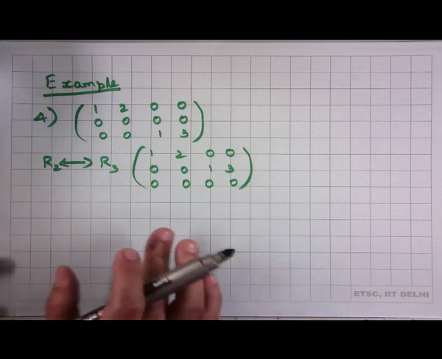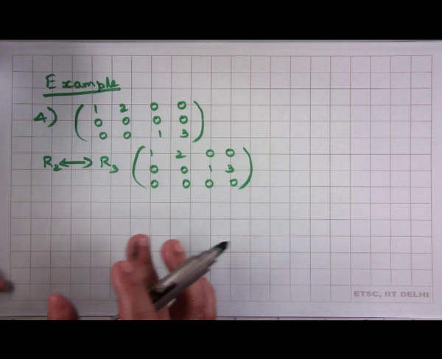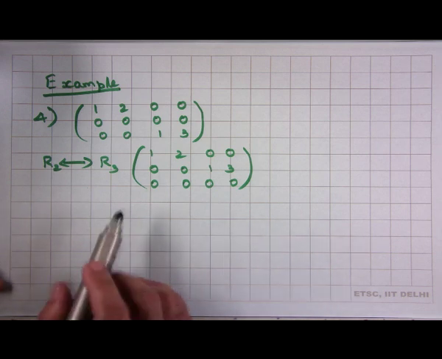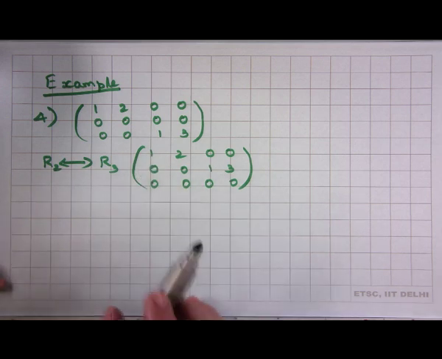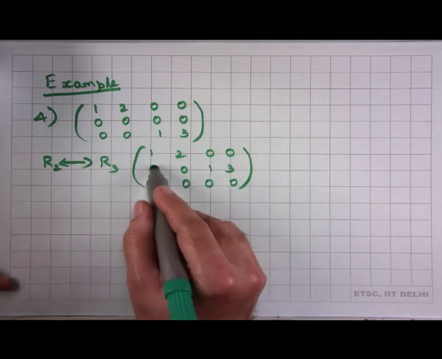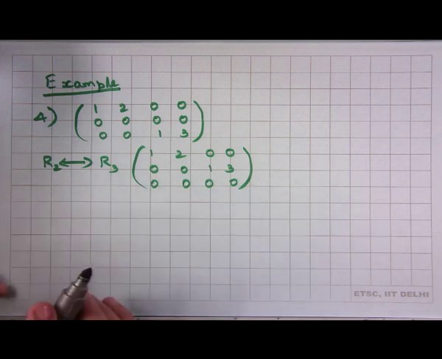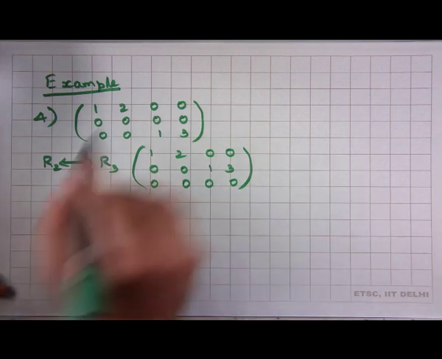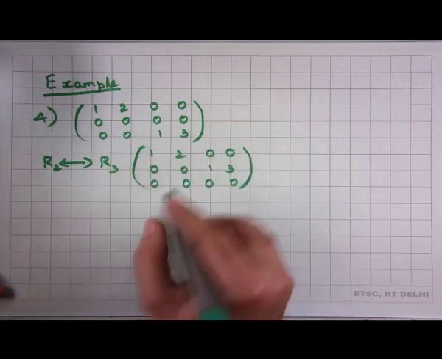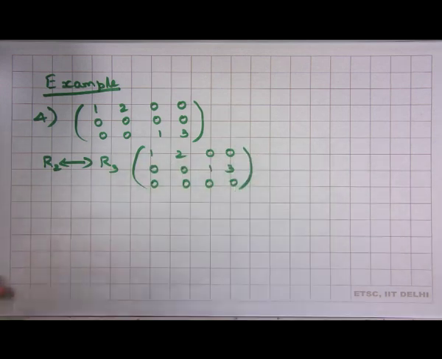So, I am not bothered about this, and it is also 1. So, I am not bothered, and the other elements in that column are also 0. The only thing that I will have to do is look at the other things. Let me delete the remaining one and look at the remaining submatrix, which is a 2 by 3 matrix.